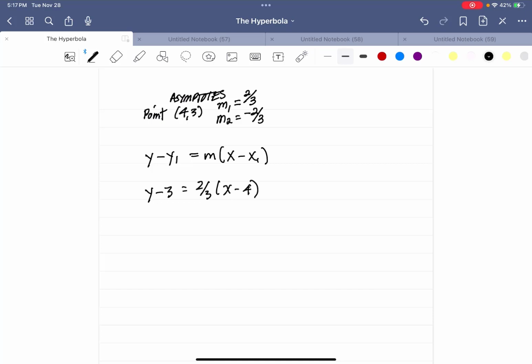Okay, and you can leave it just like that because MyMathLab does. So there's your first one. The second one would be y minus 3 equals negative 2/3 times x minus 4. And again, you can leave it in that format because that's what MyMathLab does.